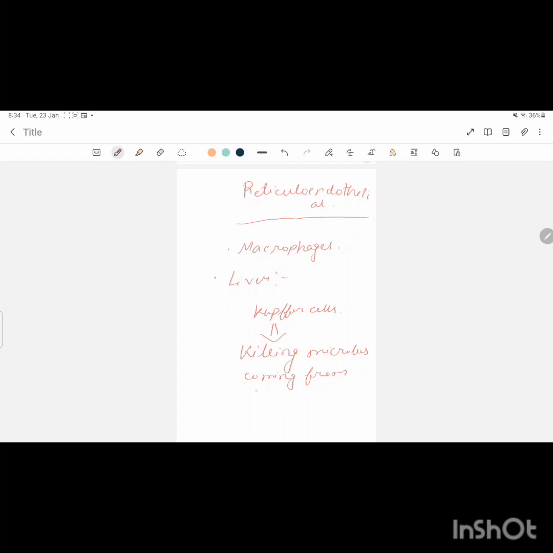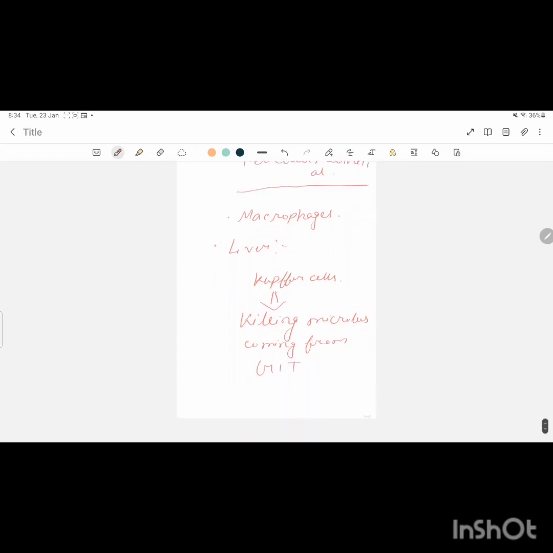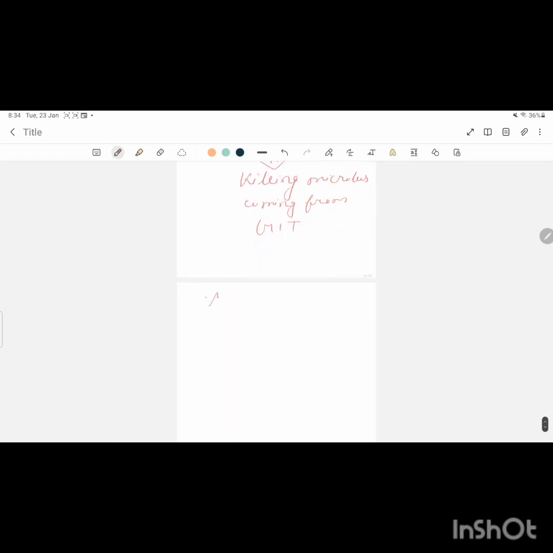In the brain, these are microglia. The splenic macrophages are called littoral cells. They help in destroying RBCs.